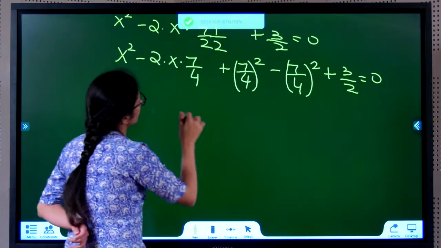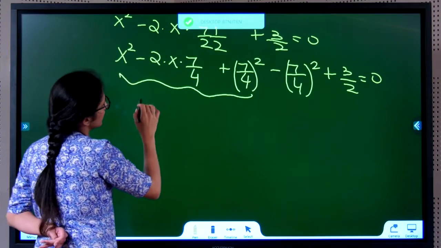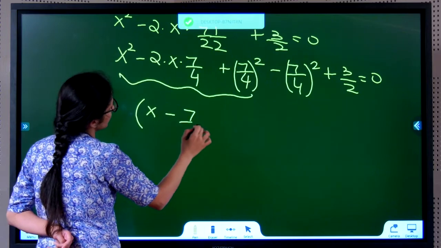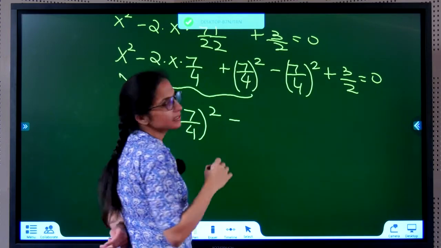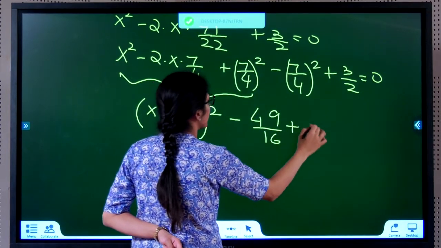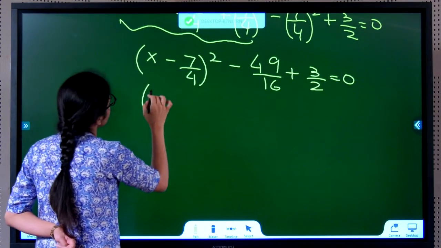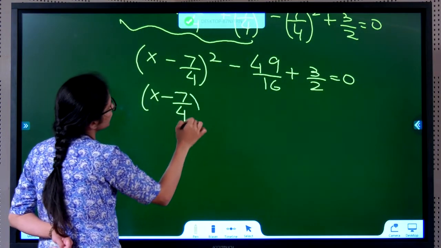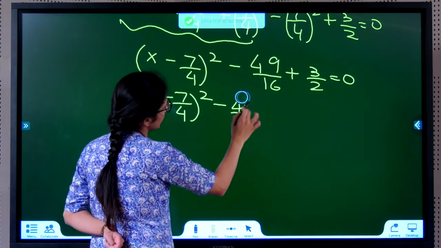Now all these together, a square minus 2ab plus b square will give a minus b the whole square. So x minus 7 by 4 the whole square minus 7 square, 49 by 4 square, 16, plus 3 by 2 is 0. So here you have to take LCM.